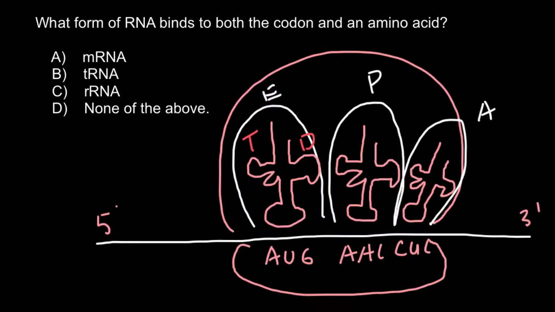anticodon loop. So as you see, these would be codons on the messenger RNA, and here we would find anticodons. If we have adenine here, then in the anticodon we would find uracil here. If we have uracil here, then here we would find adenine, and if we have guanine here, in the anticodon we would find cytosine.